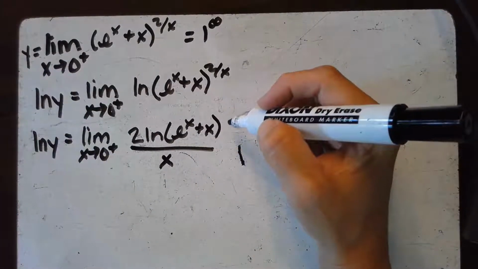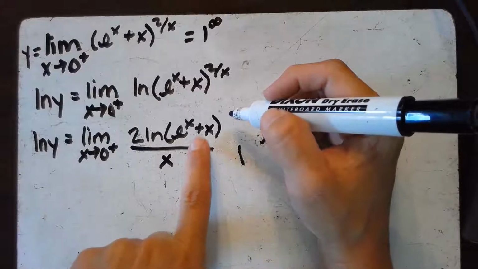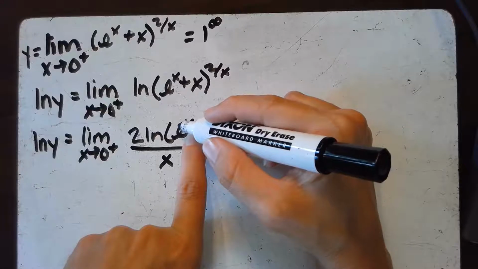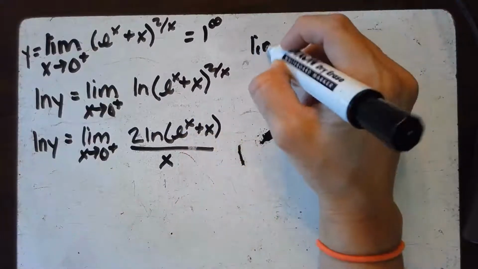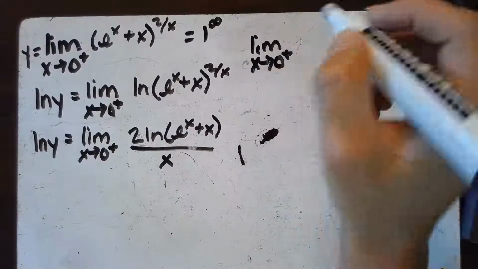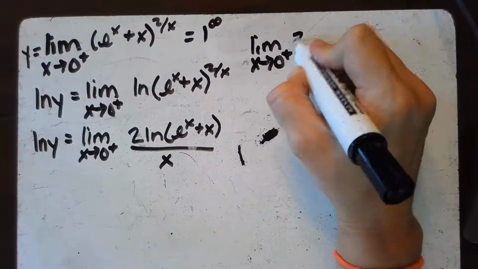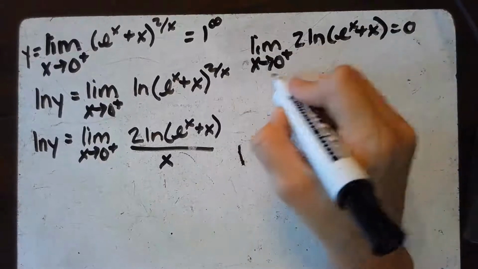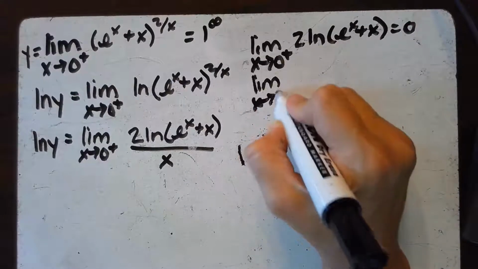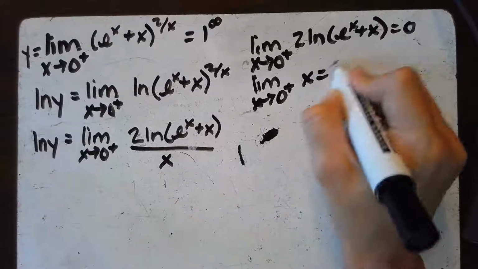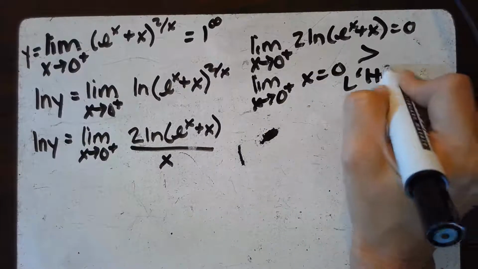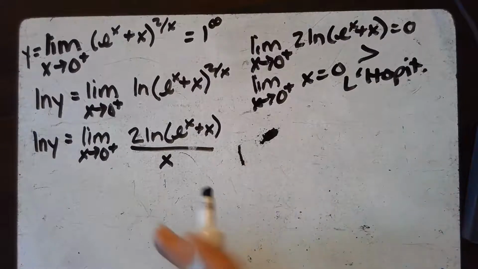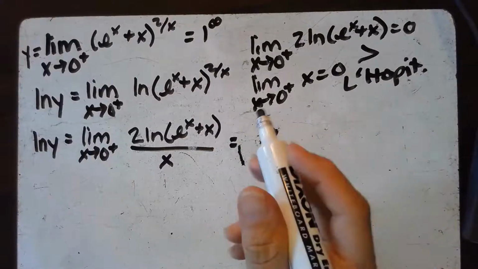Well here, if you look at it, if I plug in 0, this is going to be ln of 1. Well, ln of 1 is 0. So the limit as x approaches 0 from the right of 2 ln of e to the x plus x is going to equal 0. And then right there, the limit as x approaches 0 from the right of x equals 0. So here, I'm going to use L'Hopital's. Now again, you have to keep that limit notation.